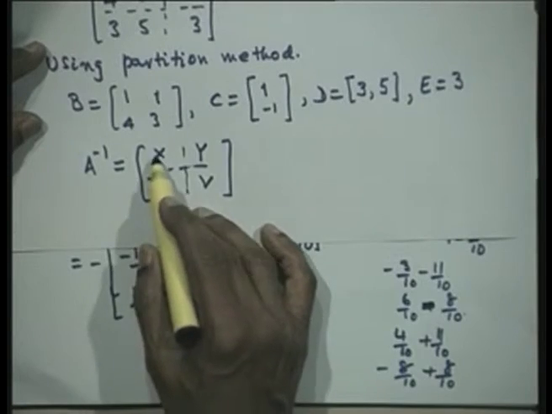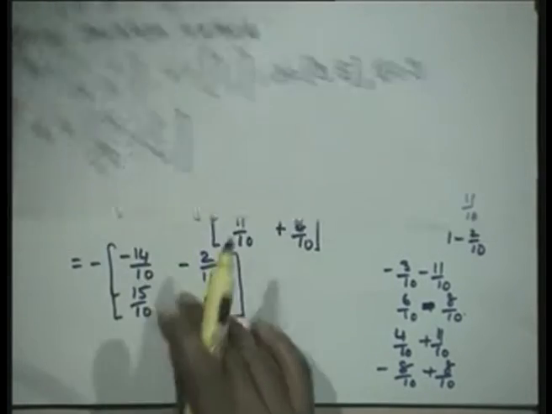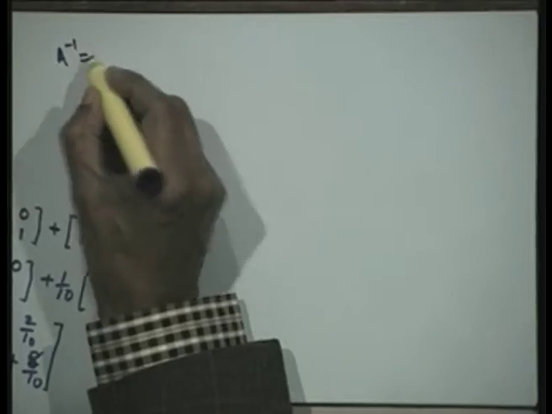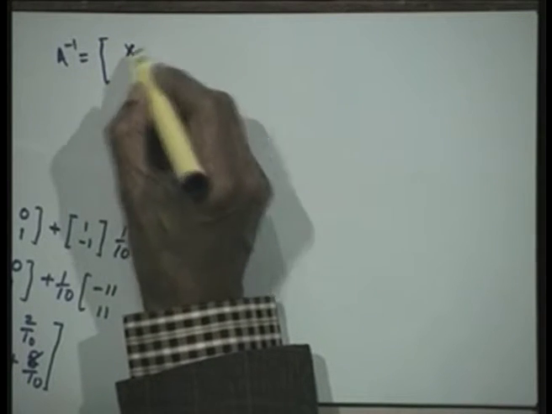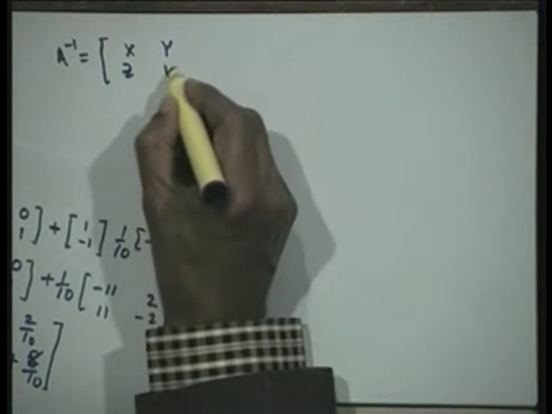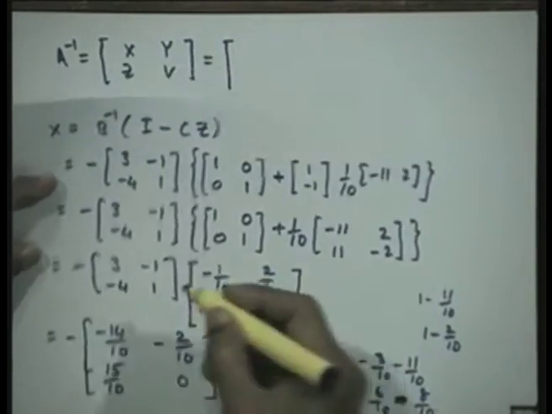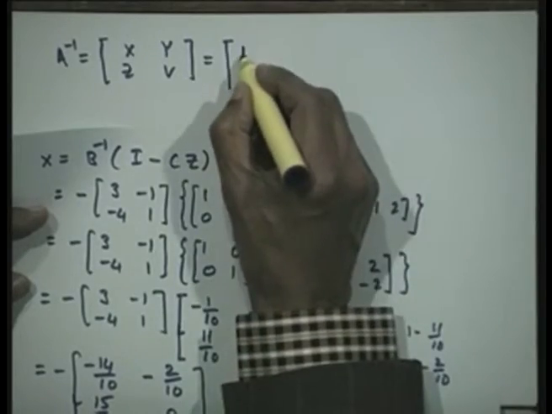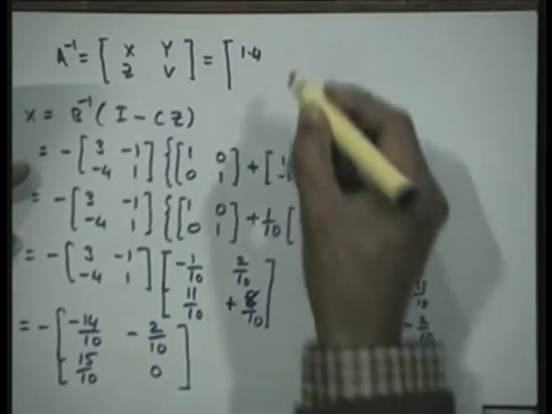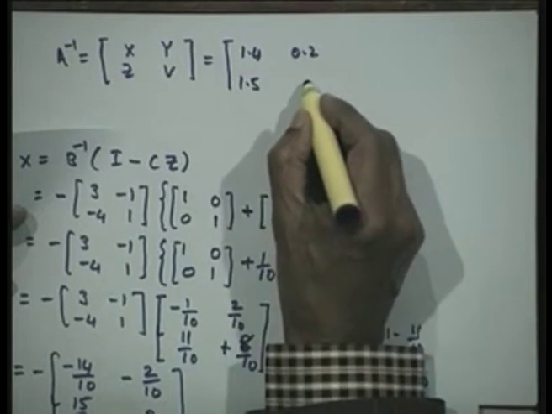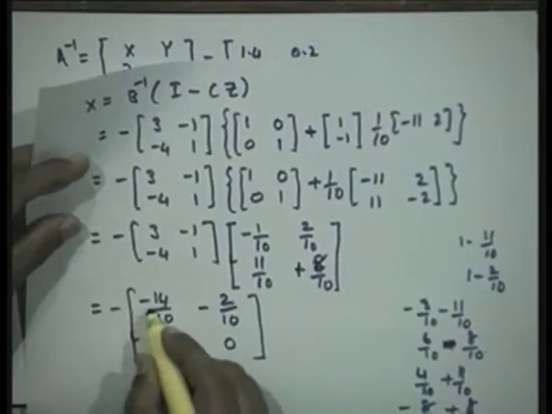Now, we have found all these 4 quantities, we place them in the proper order x, y, z and v, that will give us the inverse. Therefore, A inverse is equal to x, y, z, v, and let us take the minus sign inside, 14 by 10, that is 1.4, this is 0.2, this is 1.50 with a negative sign, I am putting the minus sign inside.